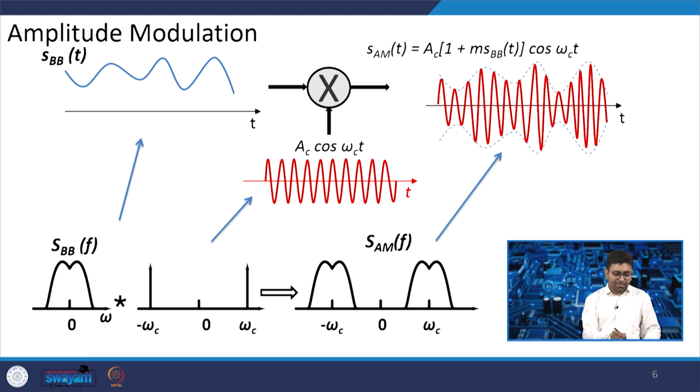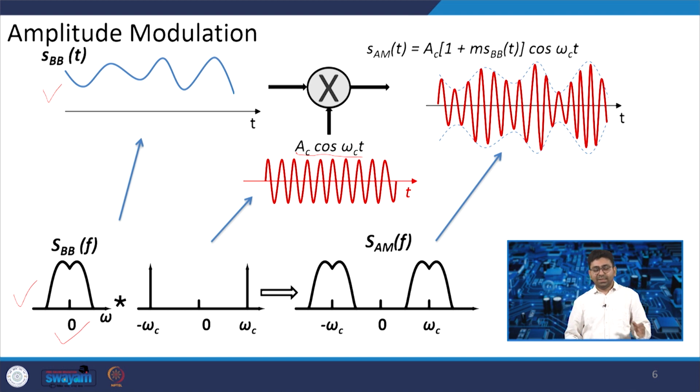Let us say there is some message signal, s_BB(t), the baseband signal, and this is the baseband signal spectrum. This is the time domain of the signal and this is the frequency domain of the signal, and then you multiply that signal with a certain frequency, A_c cos(omega_c t).